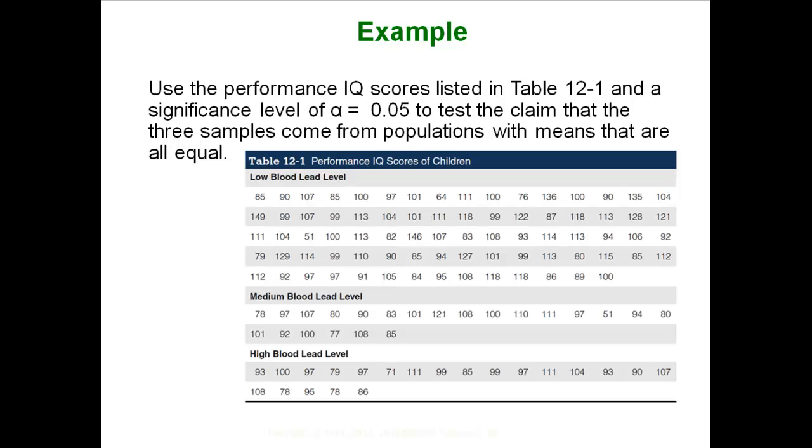The other sample were people who tested at a medium level of lead in their blood, and the third one has a high level of lead in their blood. It's a commonly held belief that lead leads to lower IQ scores. It's one of the reasons why we've taken lead out of paint, and it started off with taking it out of paint on toys because we were afraid kids would chew on it and get lead in their system, and then it would hinder their mental development.